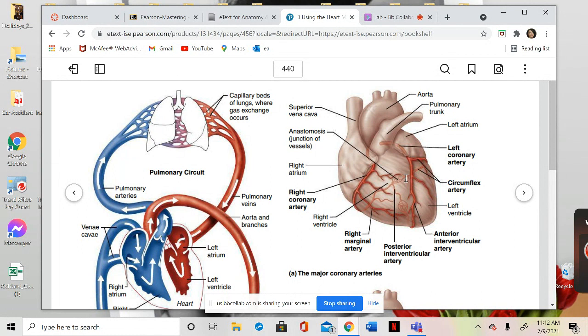So this one is in the top, and the other one, the posterior interventricular artery, is in the bottom.